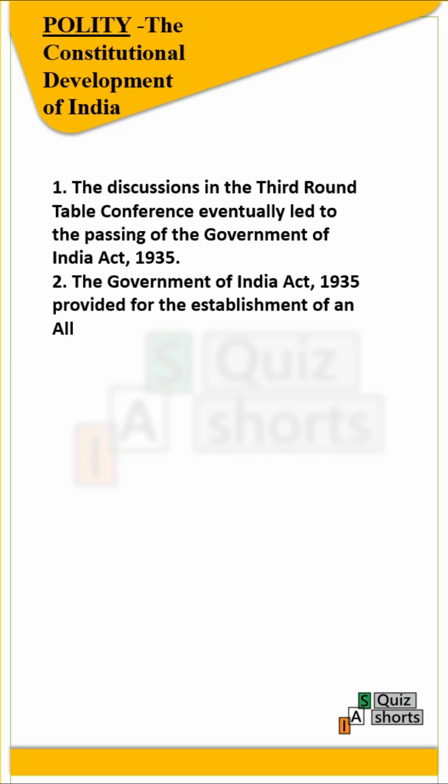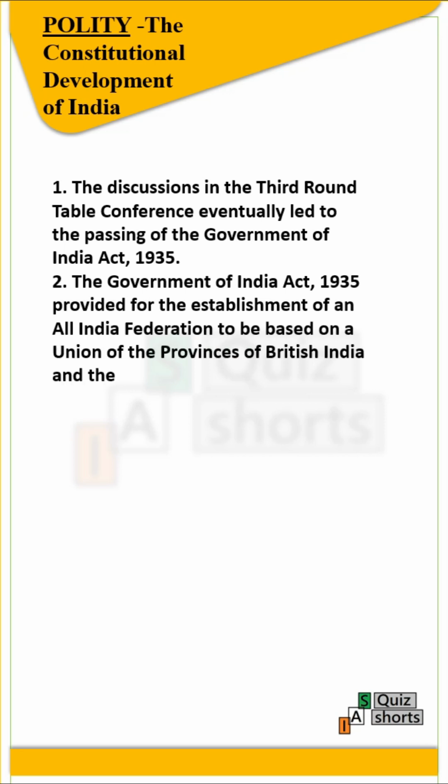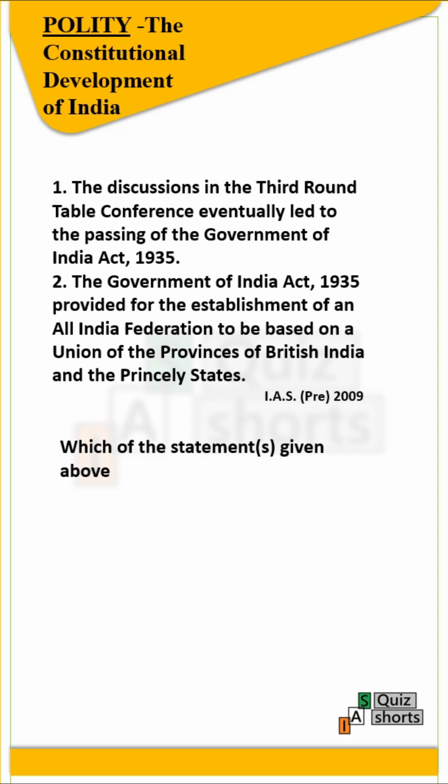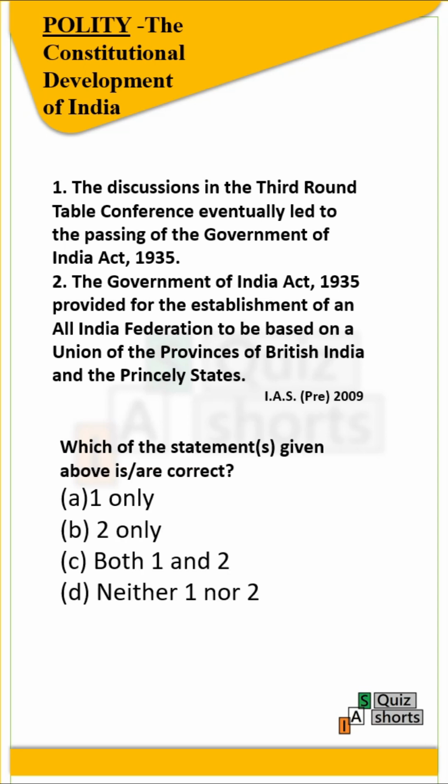The Government of India Act 1935 provided for establishment of an All India Federation to be based on a union of provinces of British India and the princely states. Choose the correct statements. Answer is C. Both 1 and 2 are correct.